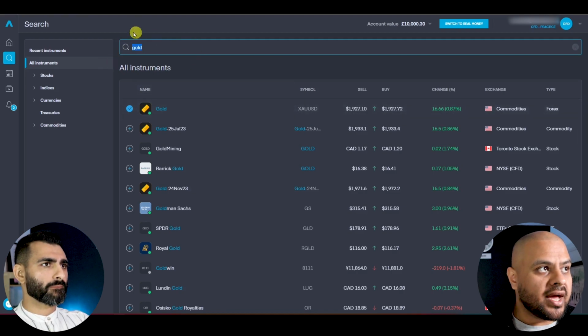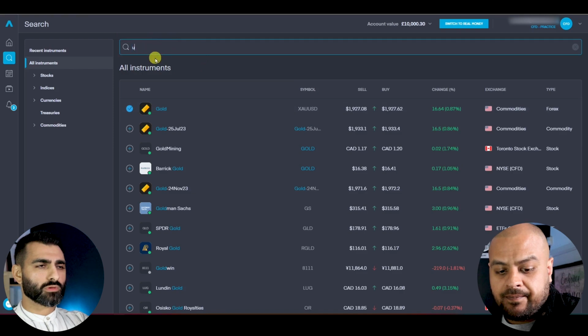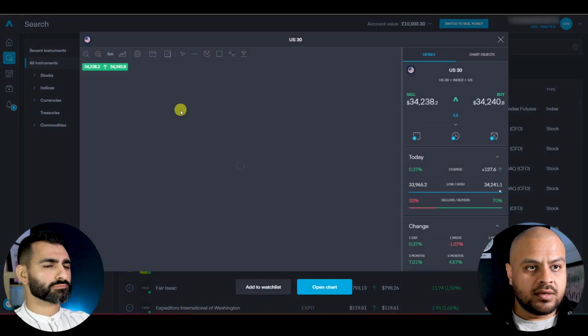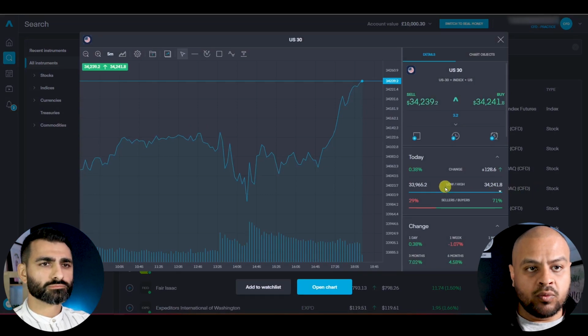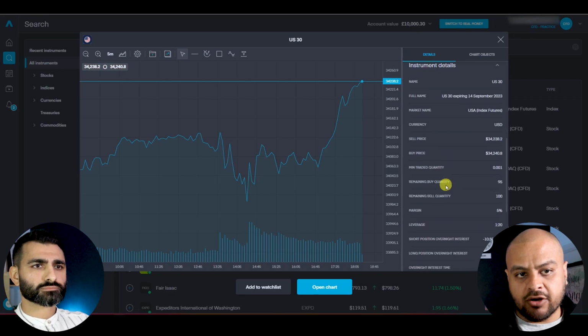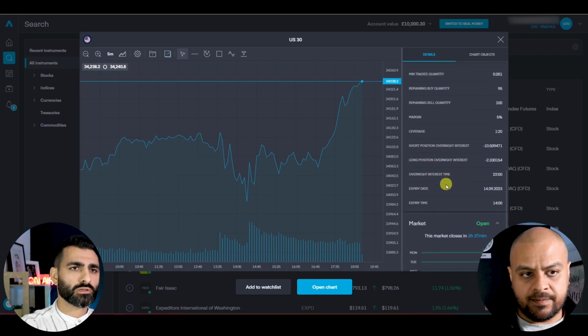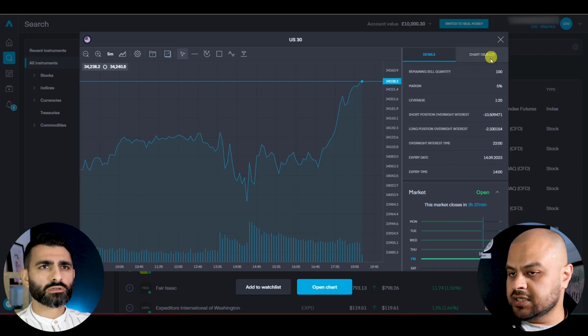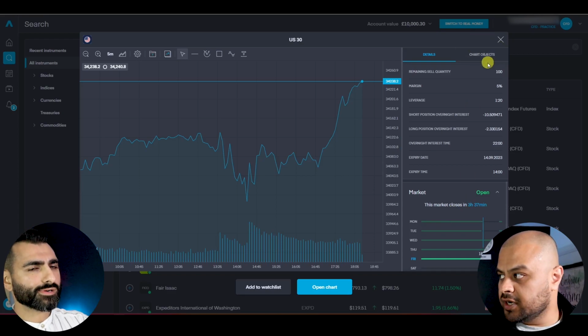For example, that US 30 that we're looking at, this is a Friday today. When the US stock market closes, obviously you can't trade. Look, you can see it closes in 3 hours 37 minutes, whereas currencies you can pretty much trade 24/7.